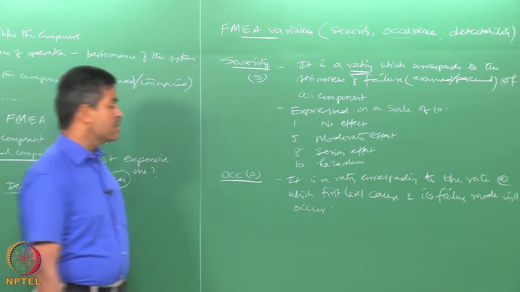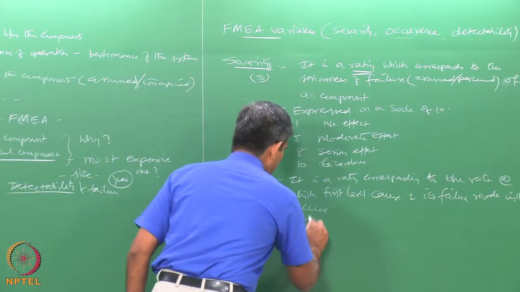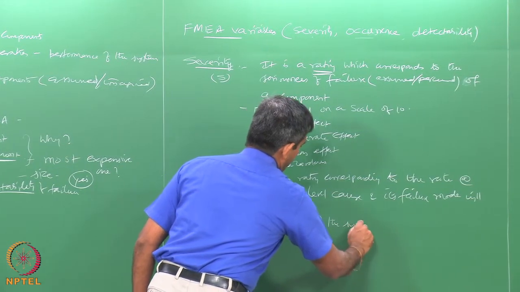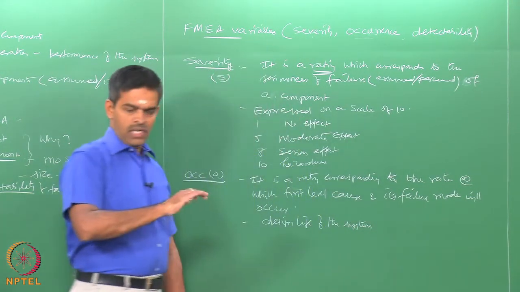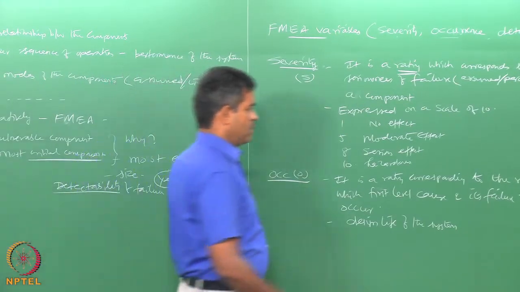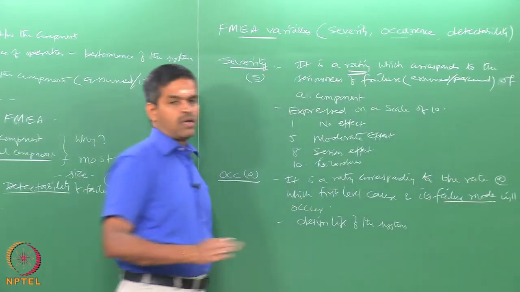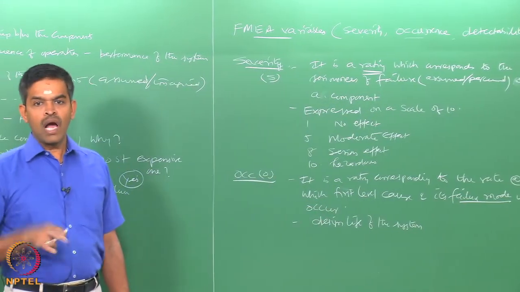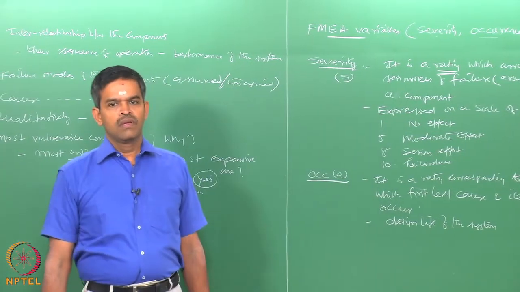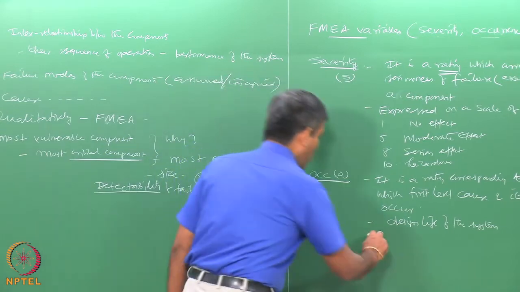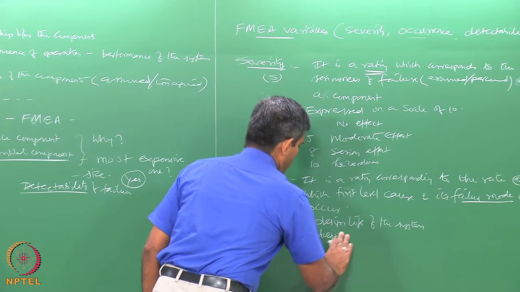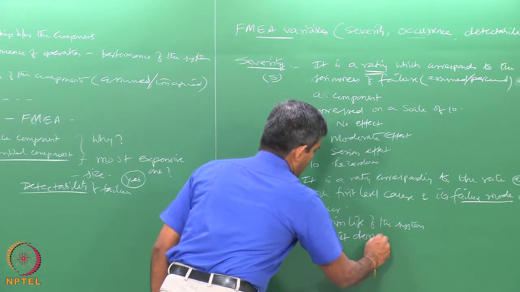You have to apply this over a period of the design life of the system. During the design life of the system, when will the first failure mode of any component occur? That is called the occurrence. It is not how many times it will occur, it is when it is going to occur first. It also depends on whether it demands any additional controls.